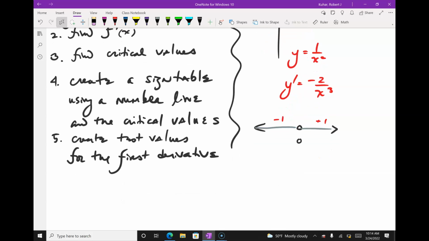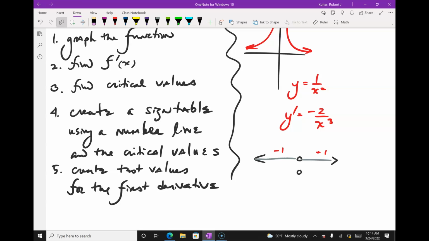What is the second word on number 5? Create test values. So these test values, remember, it's called the first derivative test. I'm going to put these values into the first derivative. And what am I choosing? Anything I want in between my criticals. Left of, right of, and in between my criticals. You remember doing this, my pre-cal students?